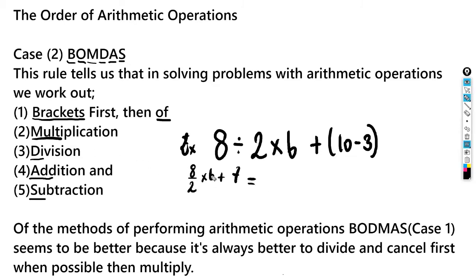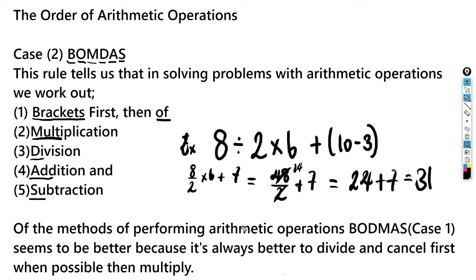We multiply the 6 by the 8 and get 48 over 2 plus 7. 2 goes into 48 24 times, so we get 24 plus 7, which is the same 31 we got earlier. Okay, so we got this one, guys.